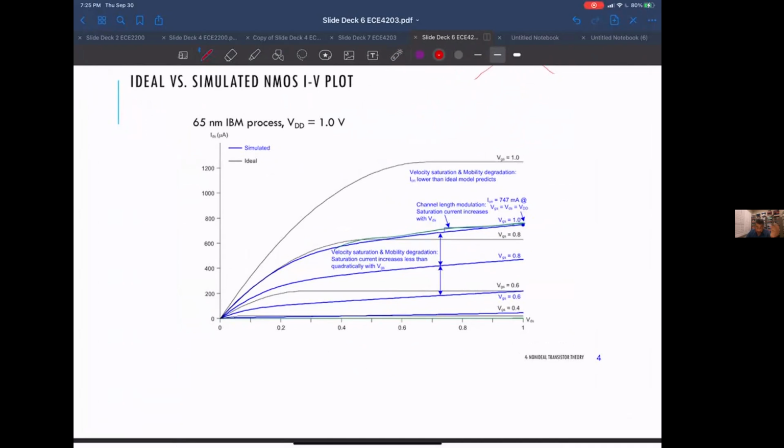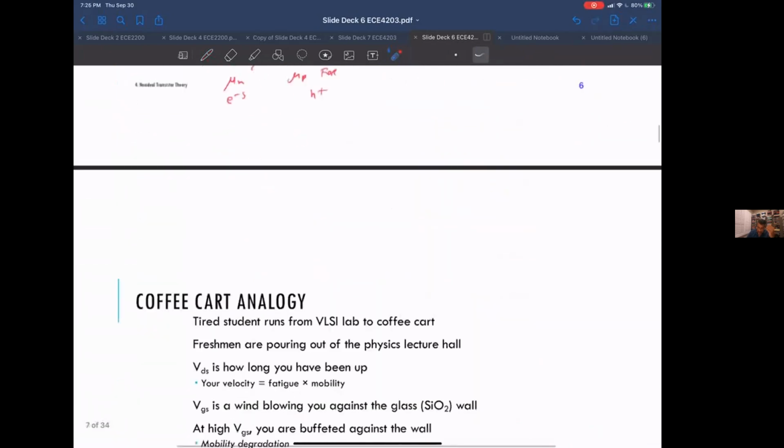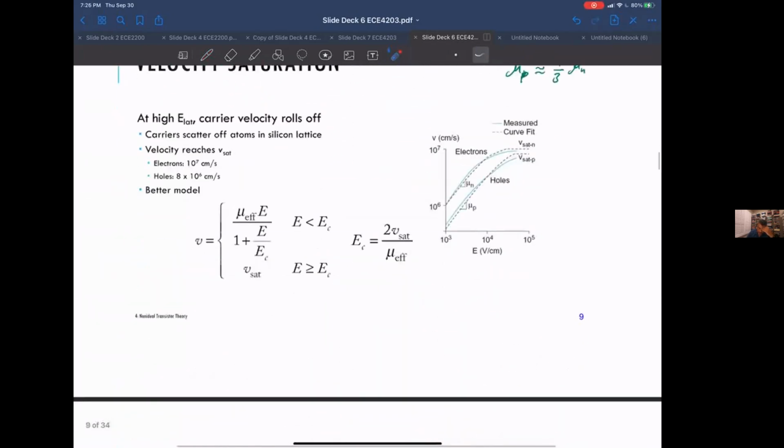It doesn't quite say the transistor size, but you're talking about the milliamps. This is where the on current is. I think this seems like a pretty big number to me. Say it's in the milliamps.